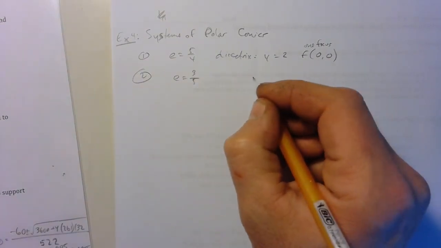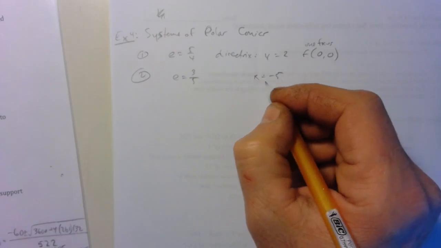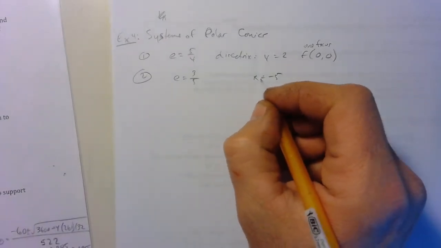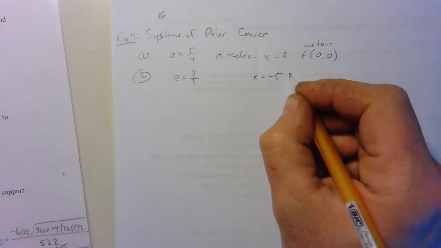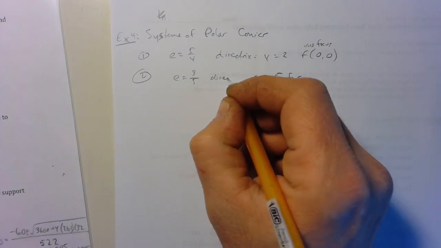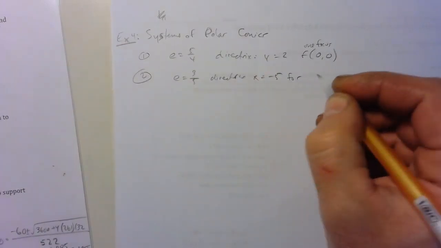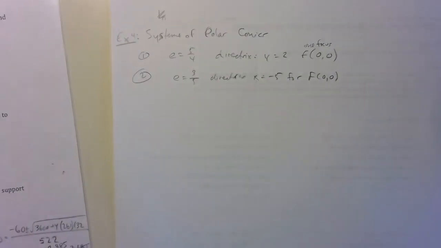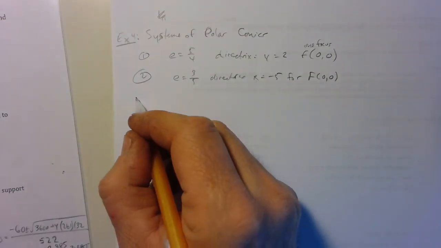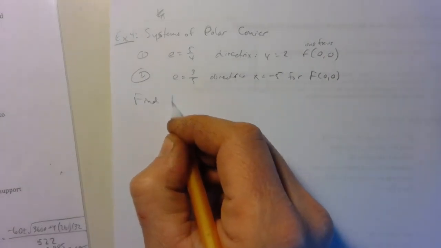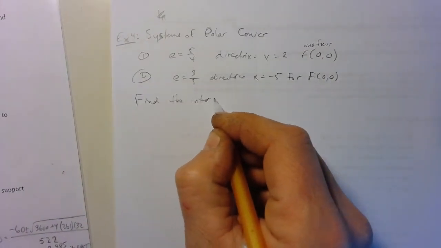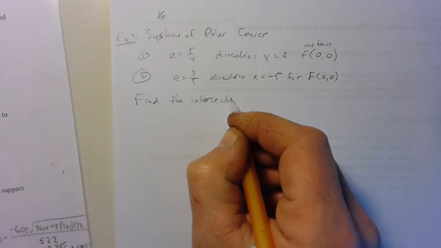The directrix for that is x equals negative 5, and this is the directrix for the focus at the origin. Our question here is to find the intersections, and we're going to find those intersections in polar form.